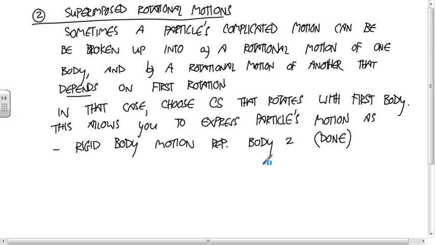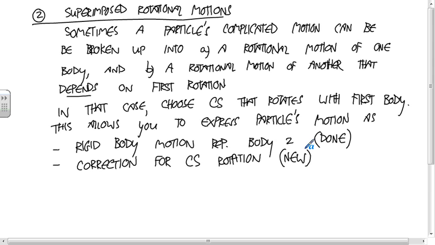That was the stuff we did a while ago. And a correction for the coordinate system rotation. And that is the stuff that we're working on right now. Okay, so there are a lot of cases where it would be a nightmare to try to express this complicated motion of the particle all at once, but breaking it into these 2 steps, it gets a lot easier.